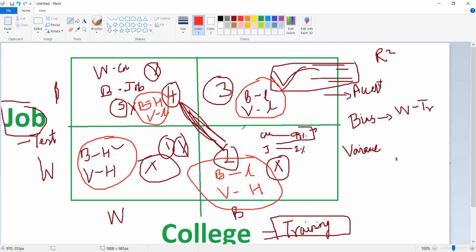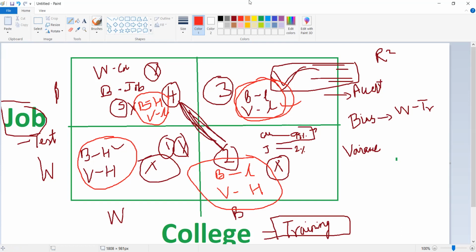Should you blindly accept the output? If this is the case, then yes, you should blindly accept the result. Otherwise, you should not. So along with finding the RMSE value, R-square value, you also need to find the bias and the variance. How do you calculate the bias and the variance?